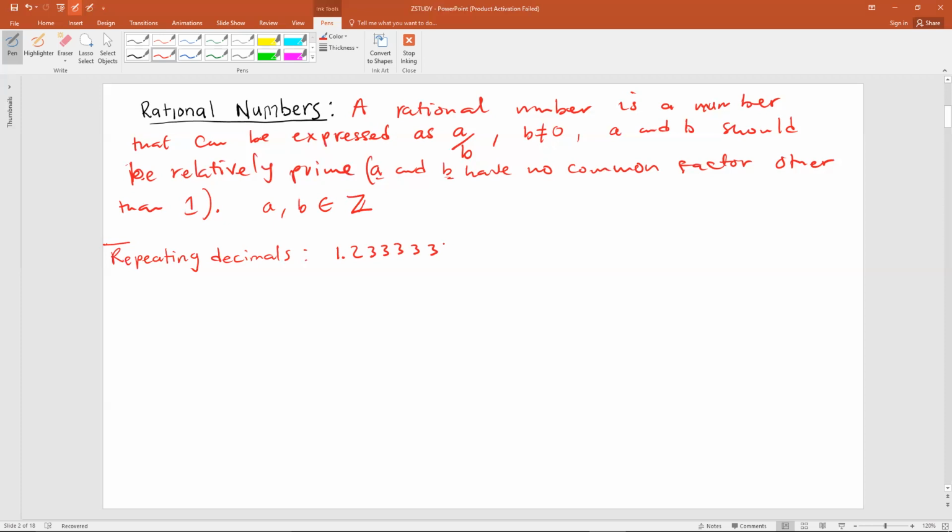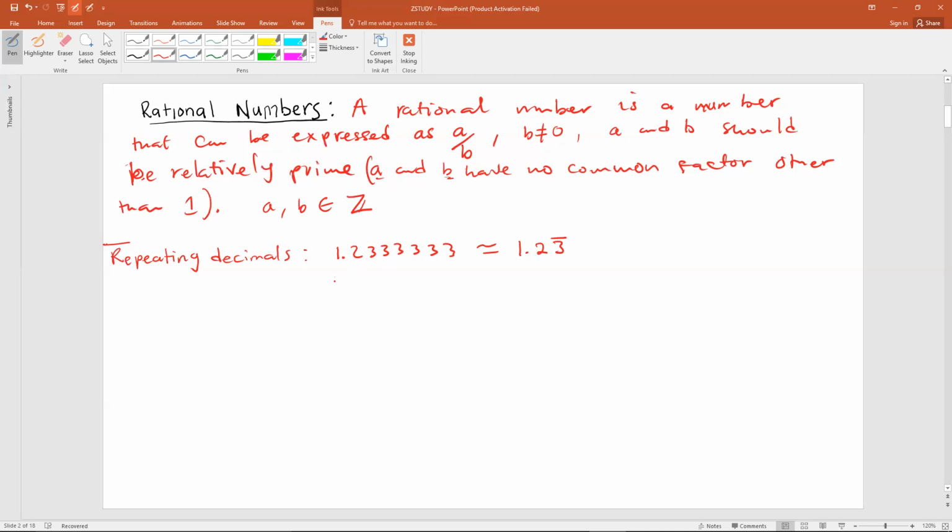In this case, 3 just keeps repeating. So 3 is a repeating figure, hence this can be written in simpler form as 1.23 with a bar on top of 3, since it's the only number that is repeating.